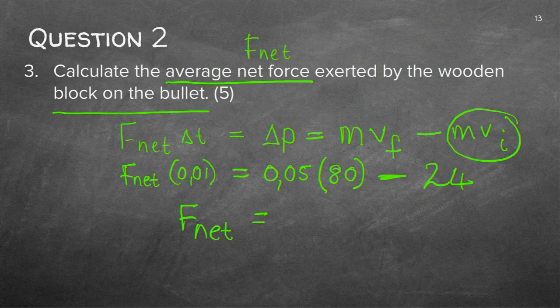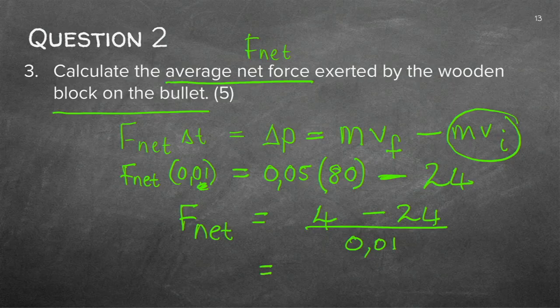That would give you 4 minus 24, divided by that time, which is 0.01.